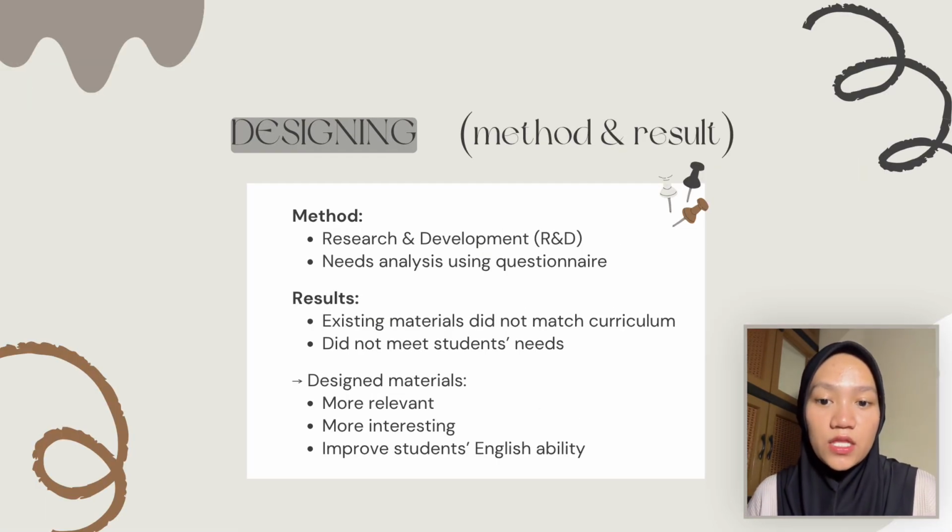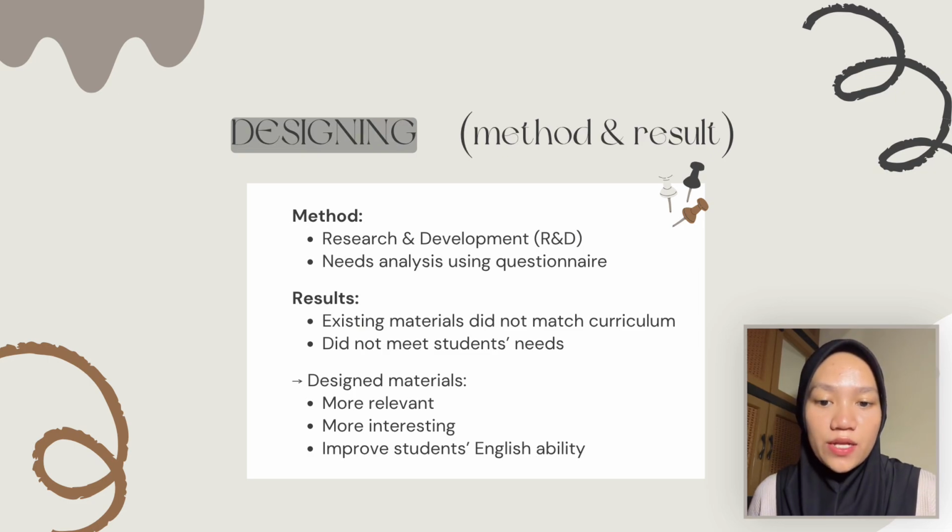In this study, the researchers used a research and development method. They started with a needs analysis by using questionnaires to identify students' abilities, expectations, and learning needs. The results showed that the existing materials were not aligned with the curriculum and did not meet students' needs.